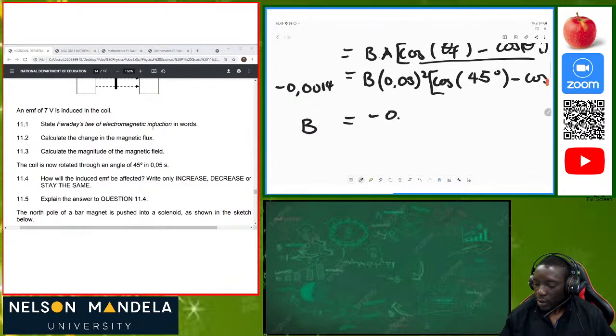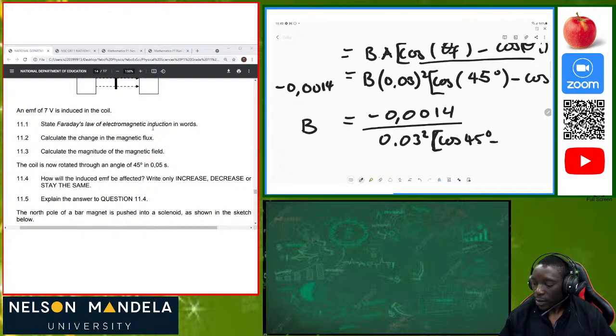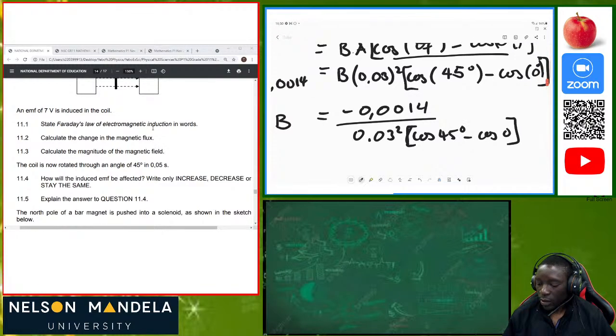So B is 0.0014 over 0.03 squared times cos 45 minus cos 0. What does that give you?